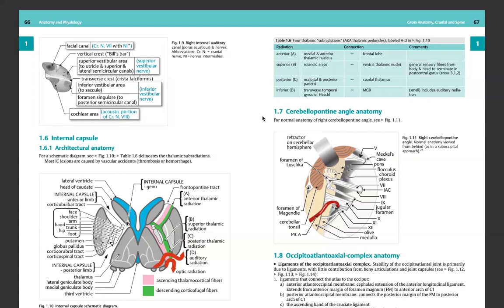No contribution, but I was thinking, how did you choose to end? Because the thing was still going. At what level do you end? Because on the timetable you said gross anatomy of the cranium and spine, you didn't specify which topic. Were we supposed to also cover these other things, like the pontine angle anatomy?